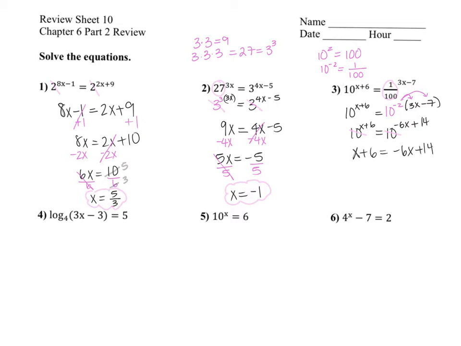I like to make my numbers positive, so I'm going to add 6x to both sides so I can have all the x's on one side. So that part cancels. This becomes 7x plus 6 equals 14. I'm going to subtract 6 from both sides, so that cancels. And this becomes 7x equals 14 minus 6, which gives me 8.